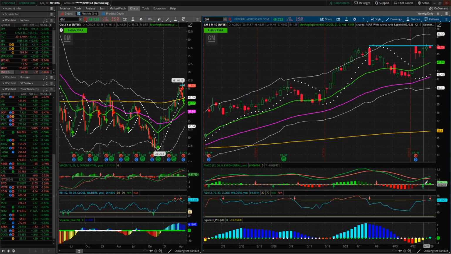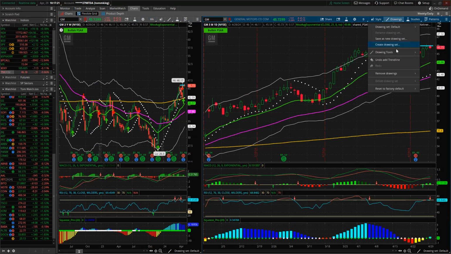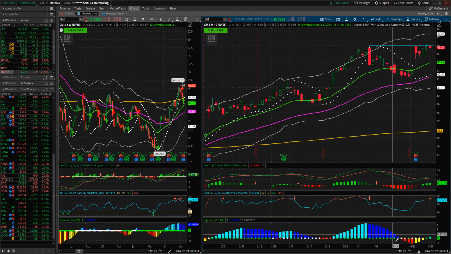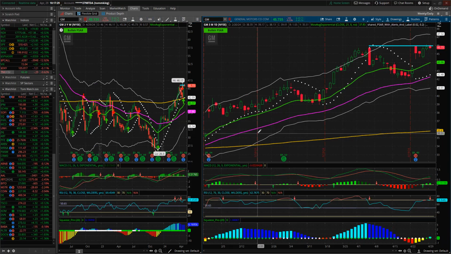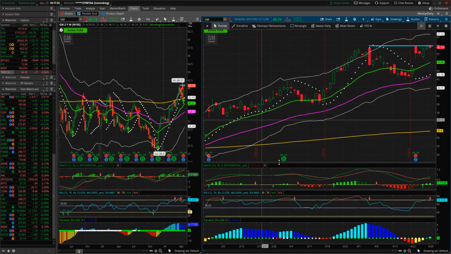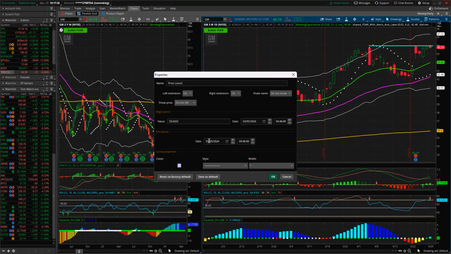But down here, you got MACD running higher, RSI running higher, almost to overbought levels. And then you've also got squeeze momentum in a squeeze, firing to the upside. I don't think it's a bad opportunity on GM here. So I think there's potential trade.